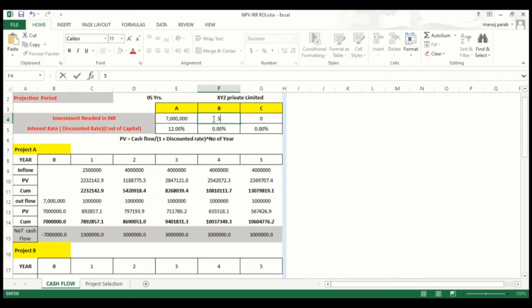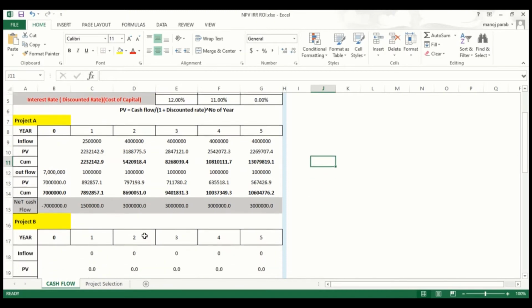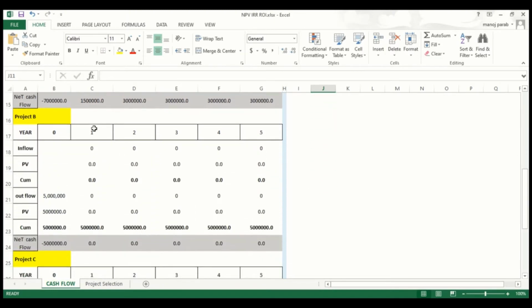We consider the value 50 lakhs rupees as the initial investment, and here we are taking a discount rate of 10%, or we can say 11%, right? So in the second project also we are taking an investment of 50 lakhs.